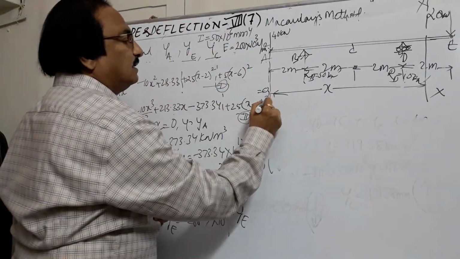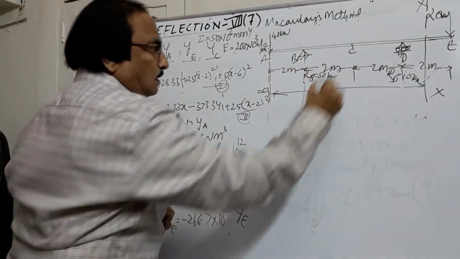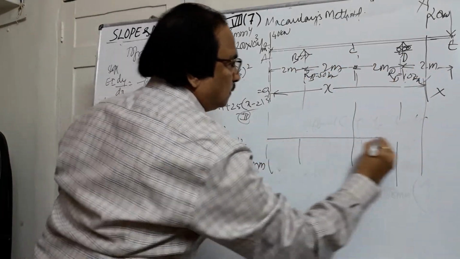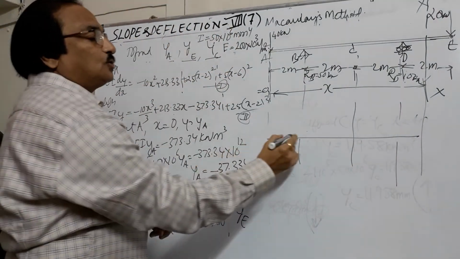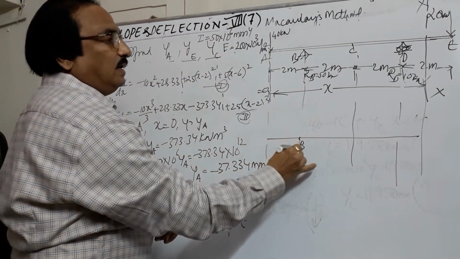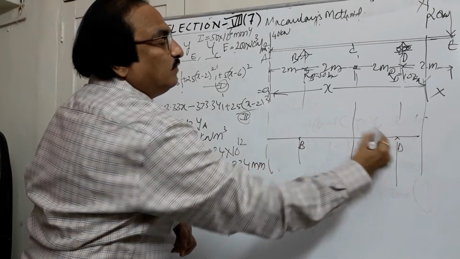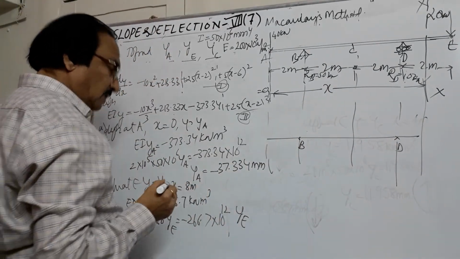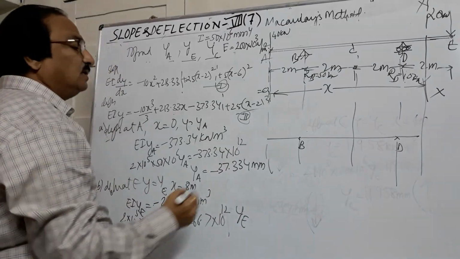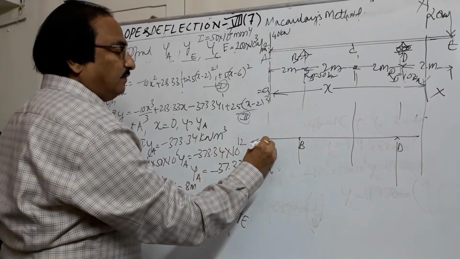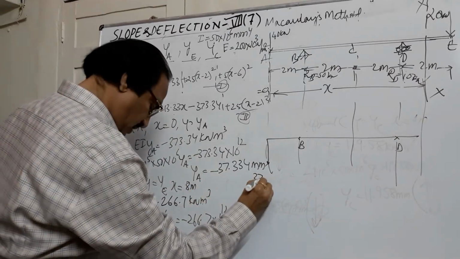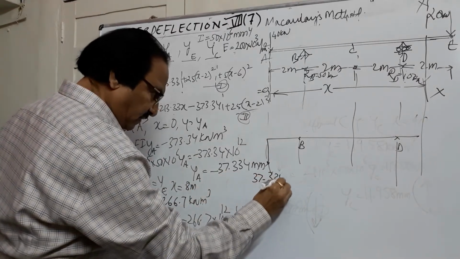Suppose if I extend this, this is a beam. One thing is sure, at points B and D there will be no deflection, whereas it will be deflecting on the other side. Now here we have seen at A, the deflection is downwards, and this deflection is 37.334 mm.